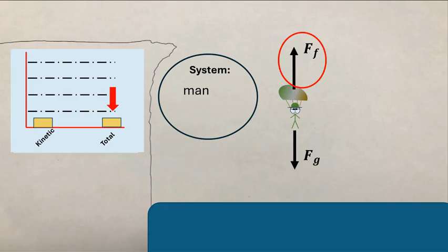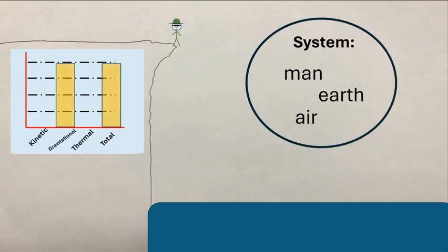All right, so both of the systems we've seen so far are open systems. Because the total energy is changing and because they're being influenced by an outside force. All right, is there a way to do this so this is a closed system? Well, yes, we're just going to include the man, the earth, and the air. All right, and the man, we study him to see his kinetic energy.